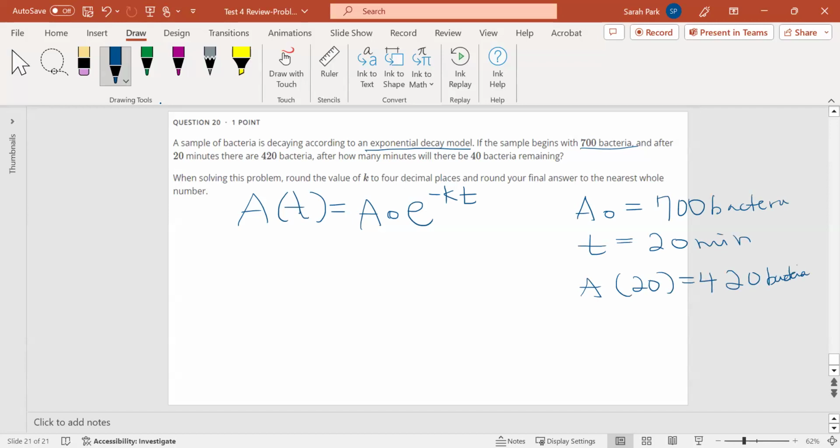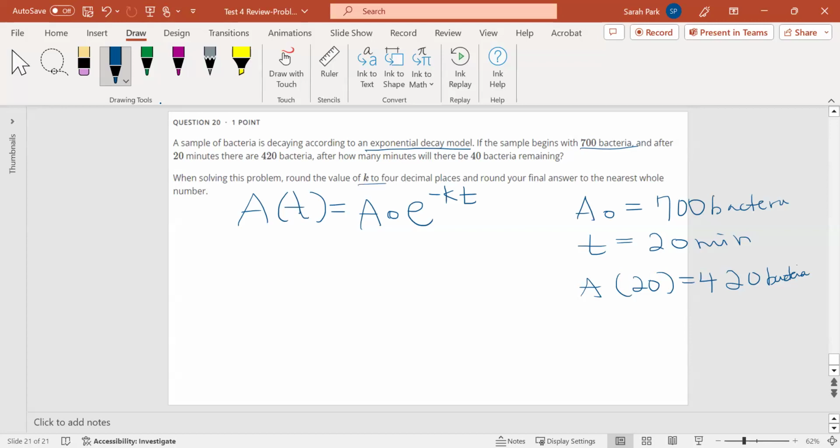And what else do we know? After how many minutes will there be 40 bacteria remaining? Okay, so first we need to find the value of k, and then we're going to find the t.